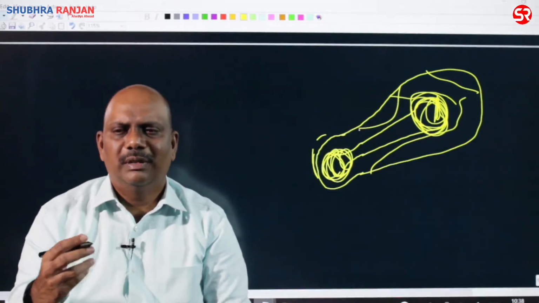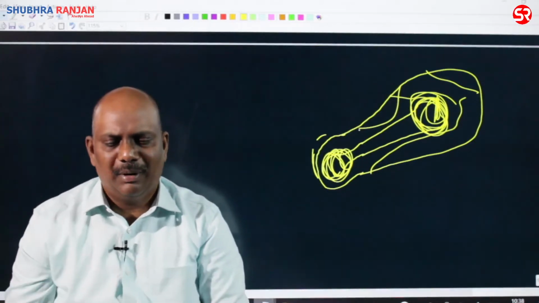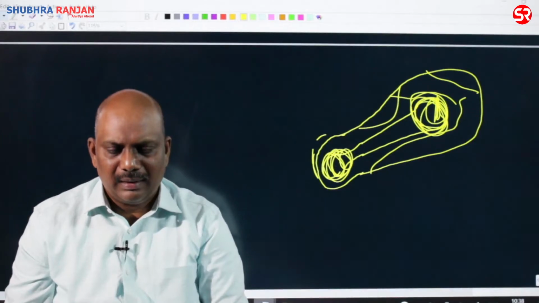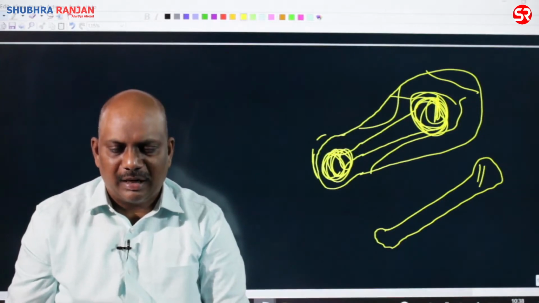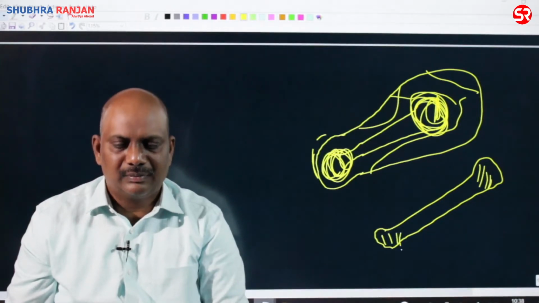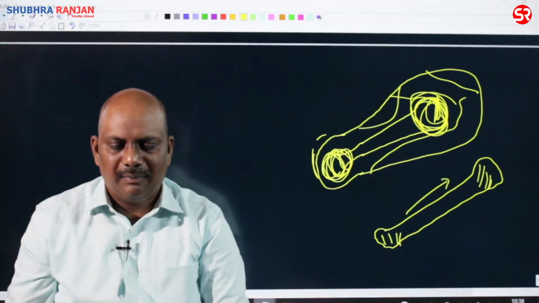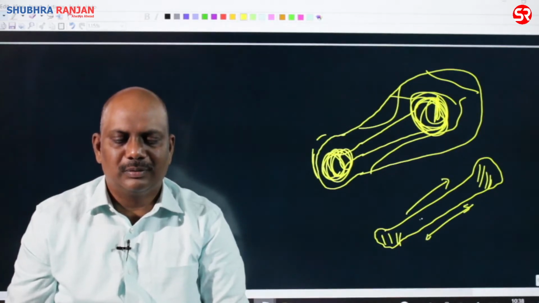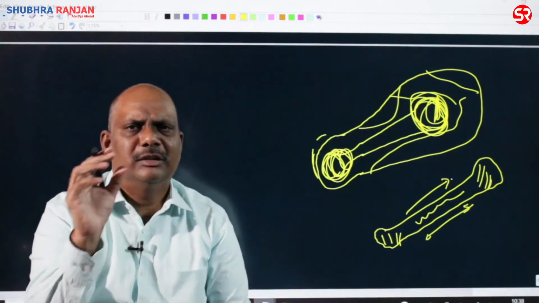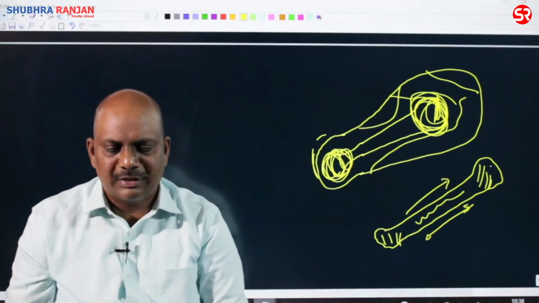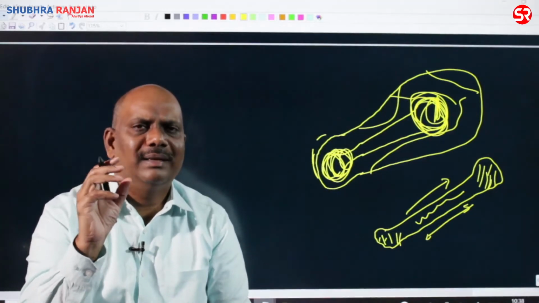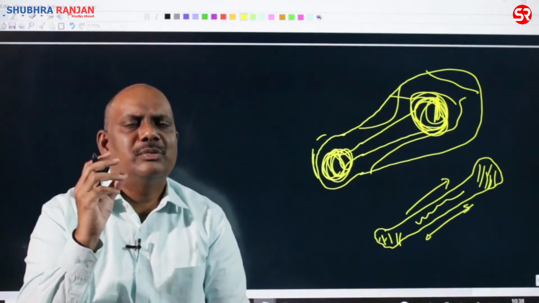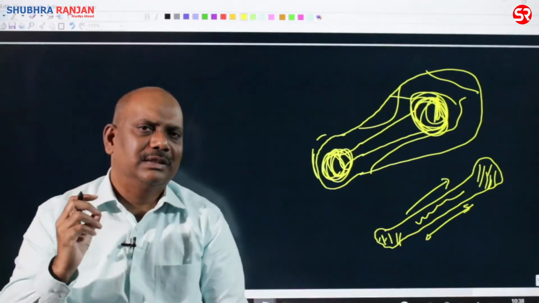And once the bone gets dried, you can see one important thing. Here we can see some rough patches. The bone will be very smooth in this area, but some rough patches here. These rough patches on the bone are the attachment areas for the muscles.